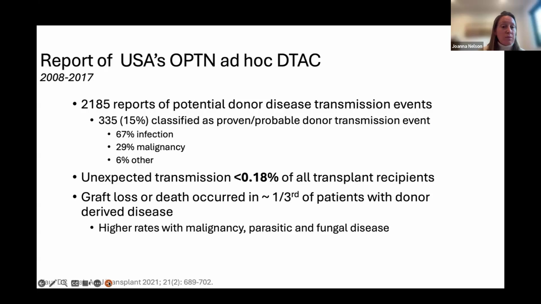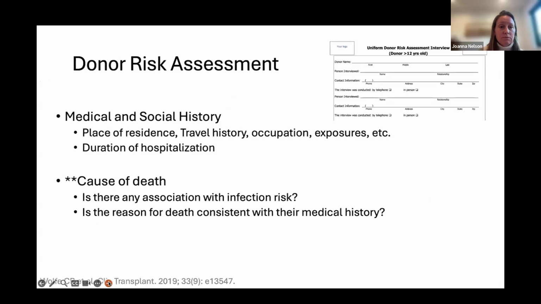Fortunately, unexpected transmission was quite rare, occurring in less than 0.18% of all transplant recipients. But again, importantly, this can be associated with significant morbidity and mortality. And in this cohort, graft loss or death occurred in about one-third of the patients with donor-derived disease, with the highest rates being seen with malignancy or parasitic and fungal diseases.